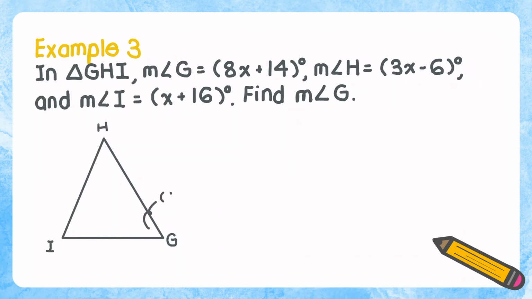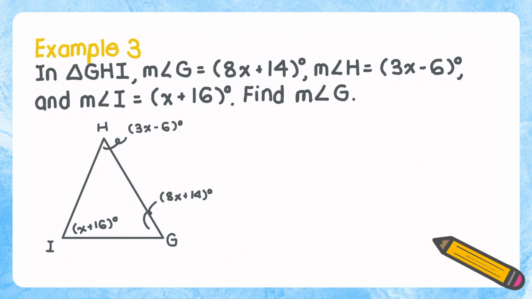So I know that the measure of angle G is 8x plus 14 degrees. And the measure of angle H is 3x minus 6 degrees. And our third interior angle, the measure of angle I, is x plus 16 degrees.